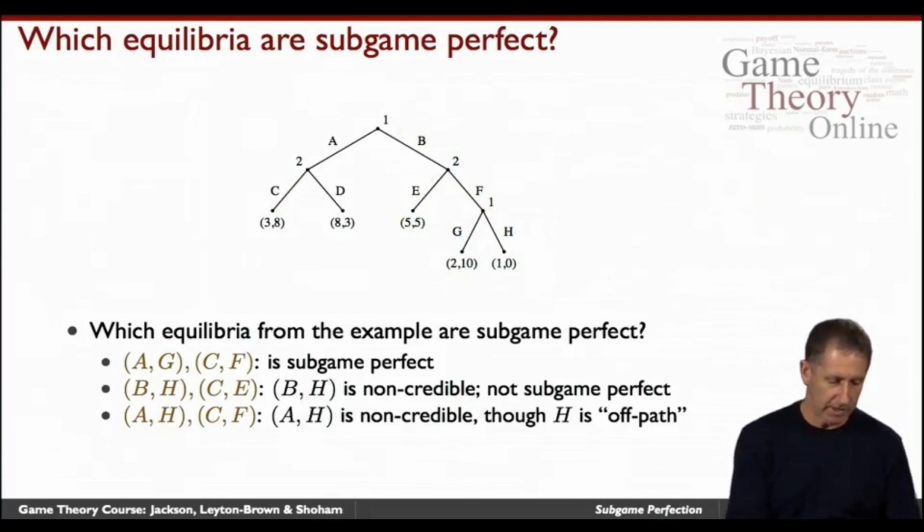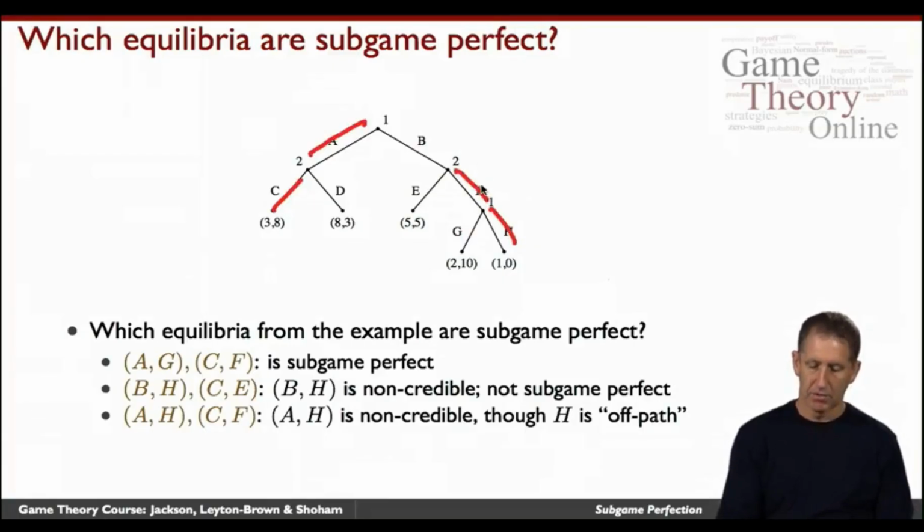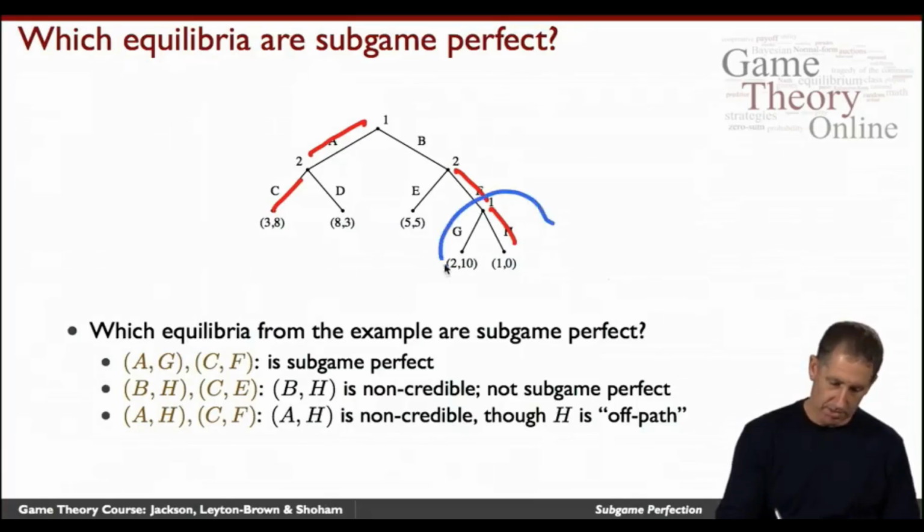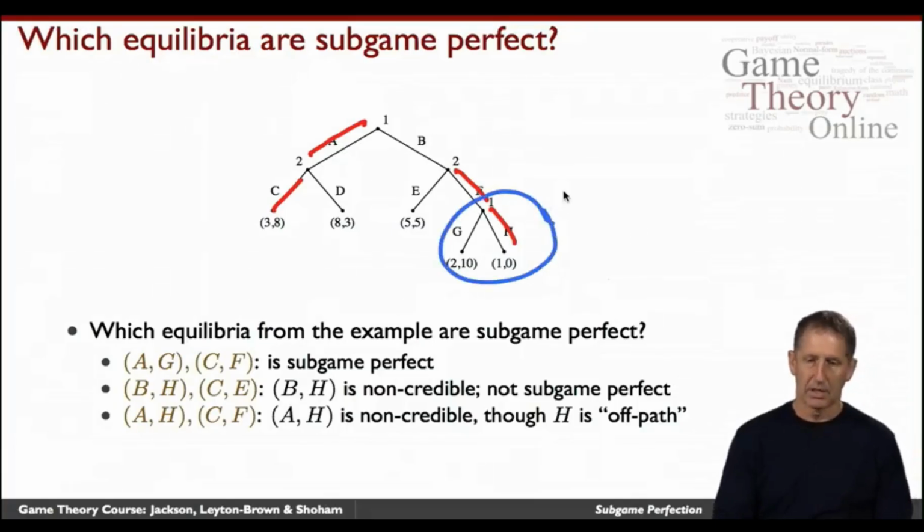Let's write down what AHCF is. AHCF. You can check that it's a Nash equilibrium, but it is not subgame perfect. Again, this subgame here allows for a profitable deviation on the part of player 1.